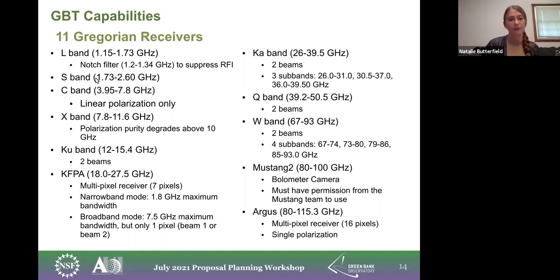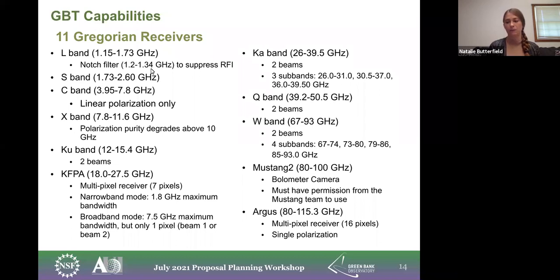There are a few details for some of the different receivers. For example, with L-band, which covers about 1 to 2 gigahertz, we have a notch filter that you can select either in your observing mode or in your observations. This notch filter is from about 1.2 to 1.3 gigahertz, and basically it blocks out a part of the spectrum where there is very strong RFI.